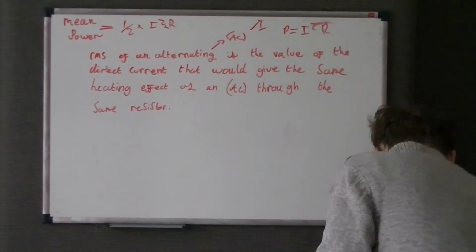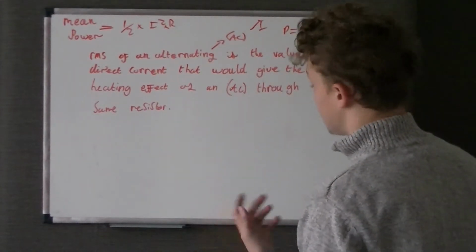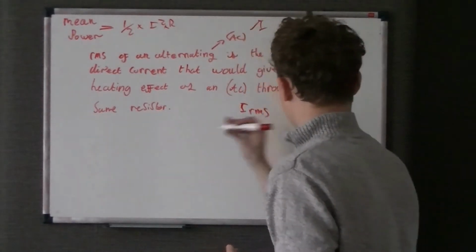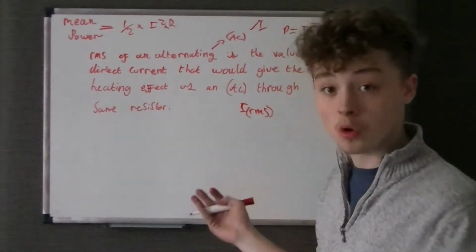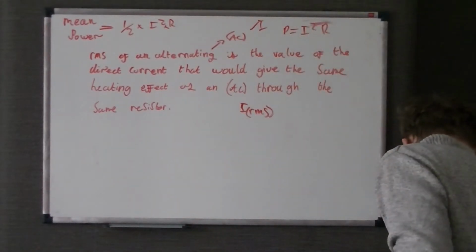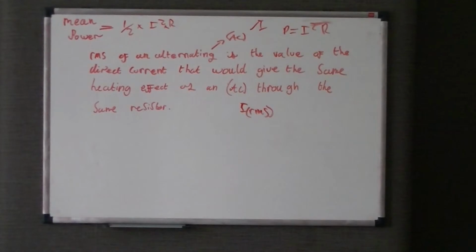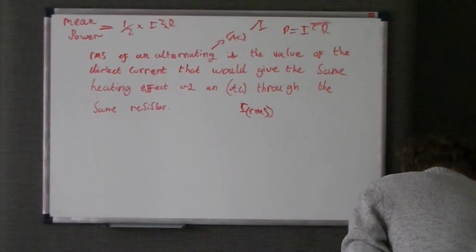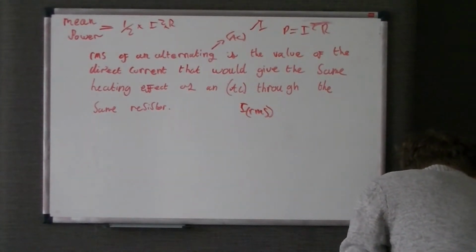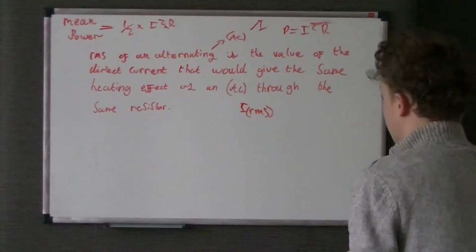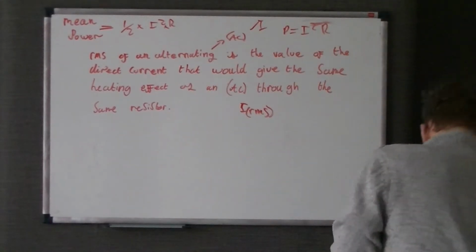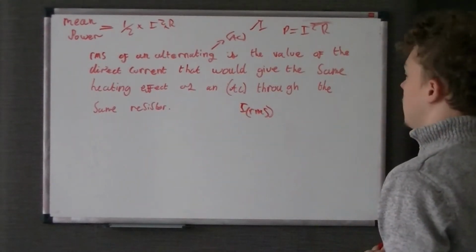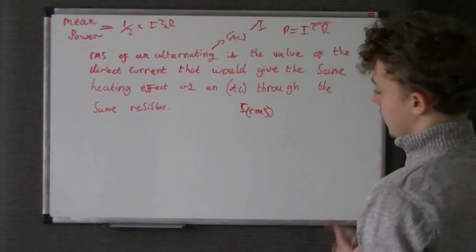We know that the current of the root mean square value, so that's going to be I RMS, the current of the root mean square value, of a direct current is the same value as a direct current would give, that would give the same heat effect as the alternating current in the same resistor. That is quite weirdly worded.